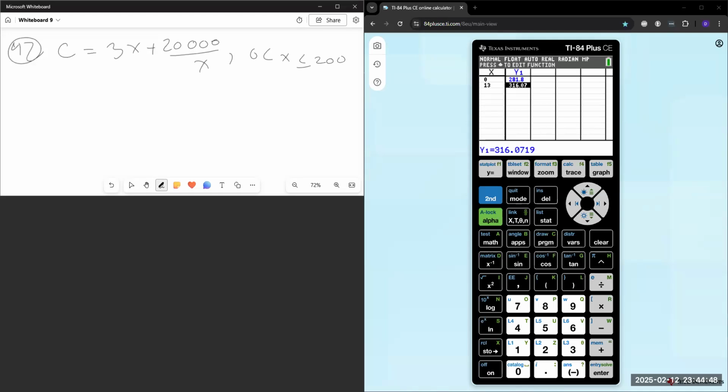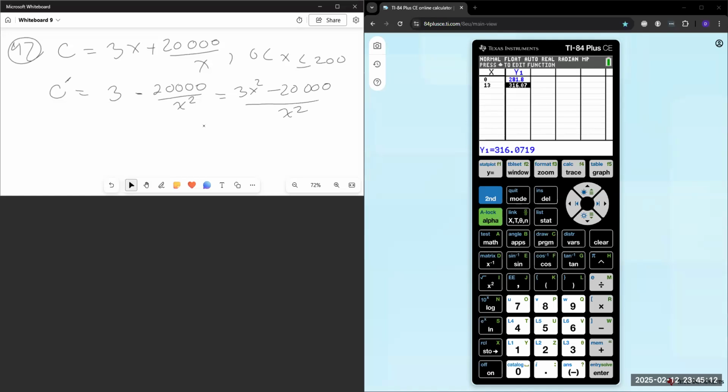So C prime is equal to 3 minus 20,000 over x squared, which is 3x squared minus 20,000 over x squared.